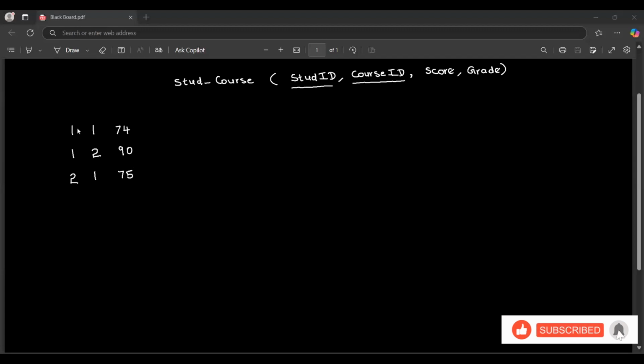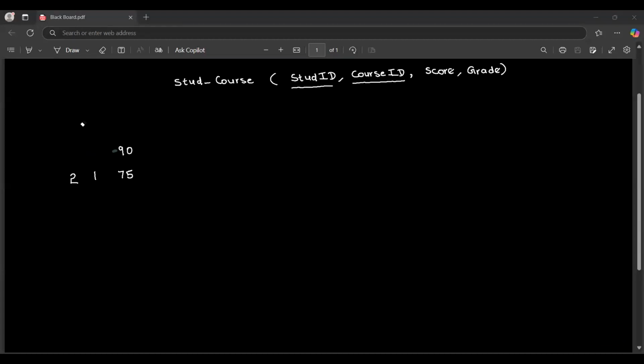And what if we had a grade attribute in this relation? We know stud ID and course ID functionally determine score. This is the first functional dependency. We also know that score functionally determines grade.